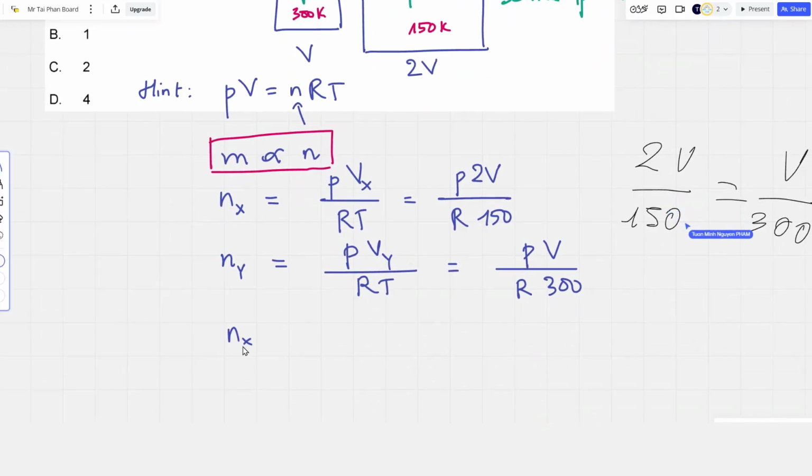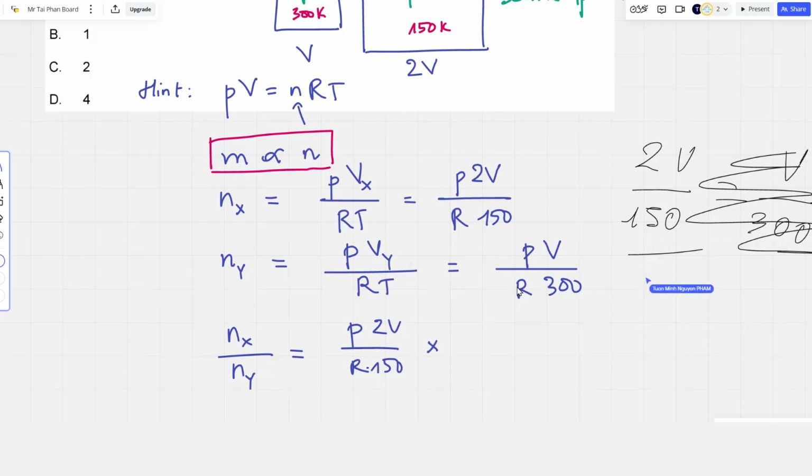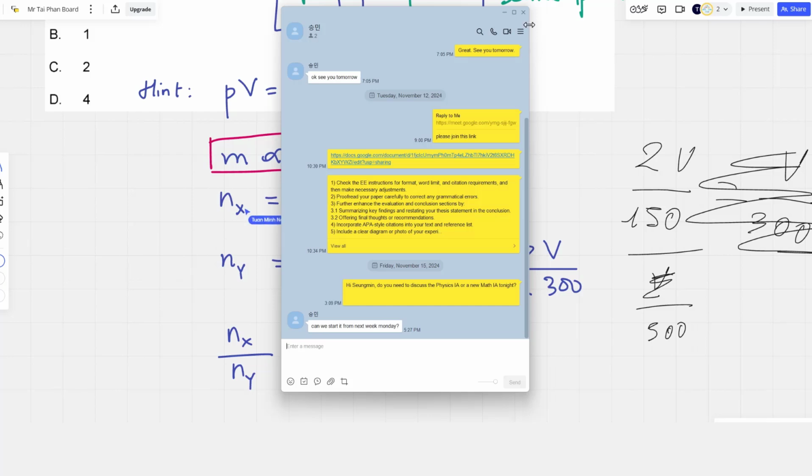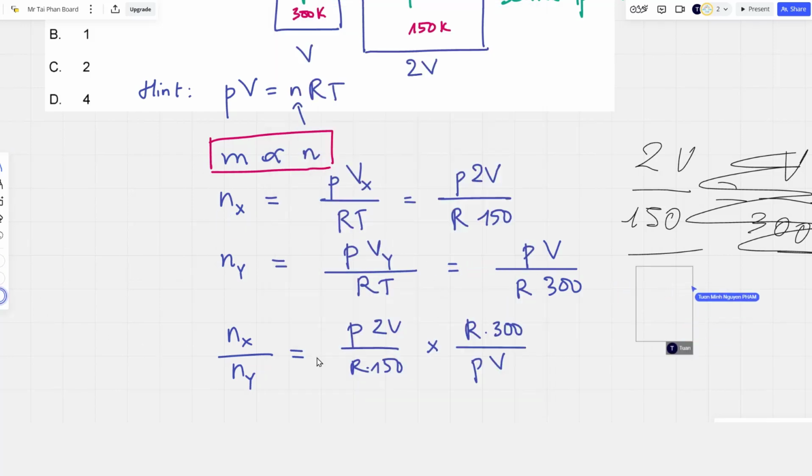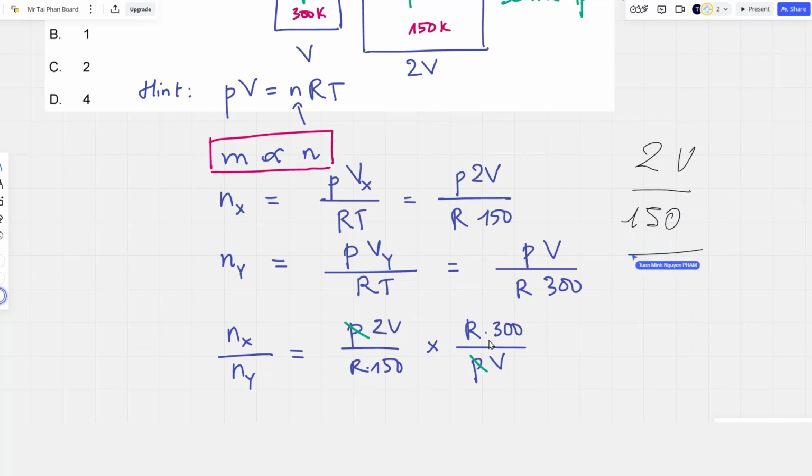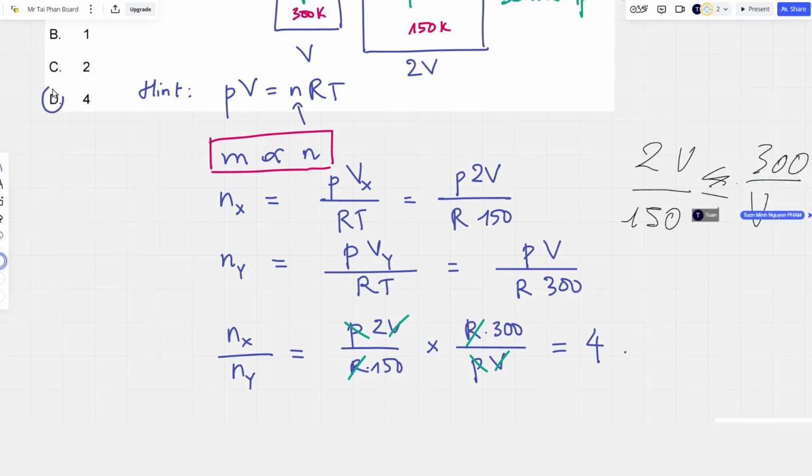So NX compared to NY: P 2V over R 150, divided by PV over R 300, meaning I take the multiplication with the reciprocal. We can remove the P and the V and R also. 300 divided by 150 is 2, so the ratio here is 4. The answer is D.